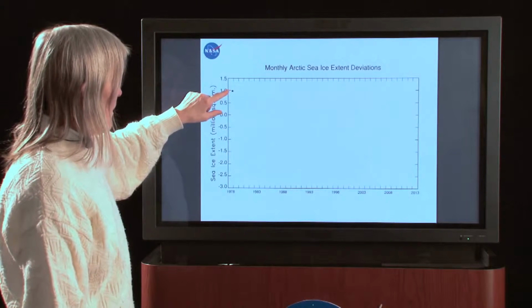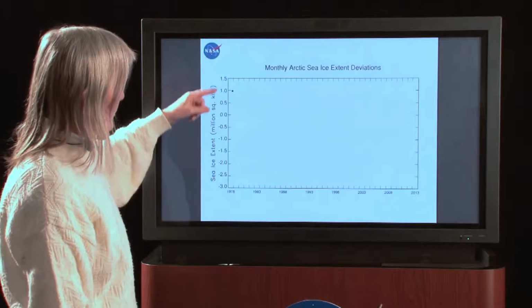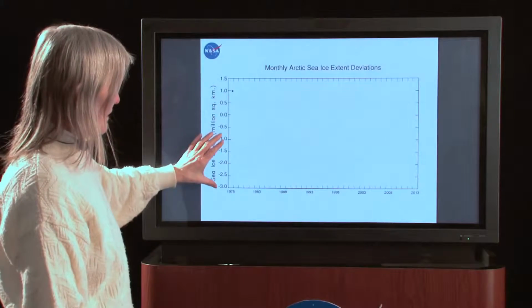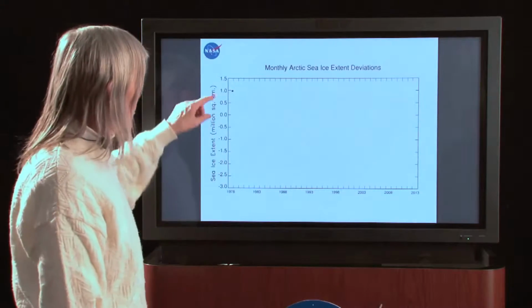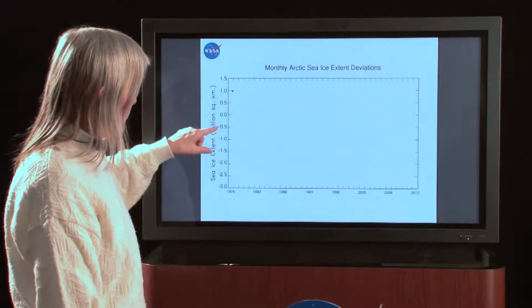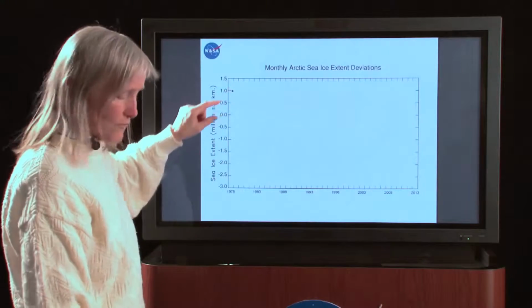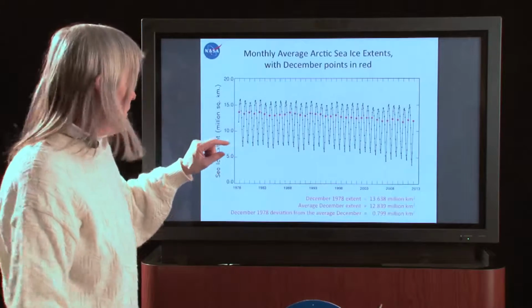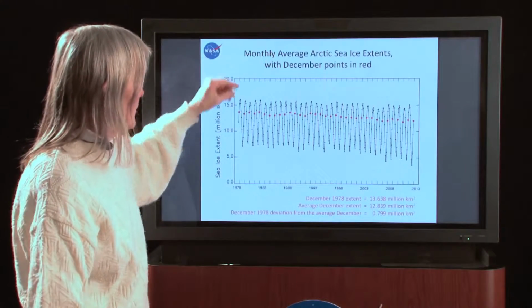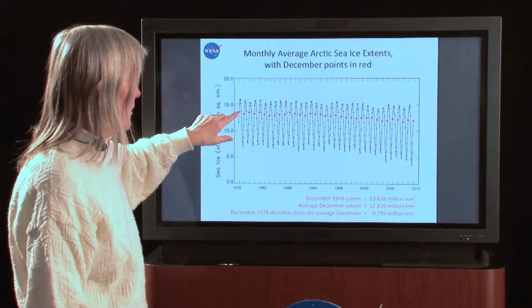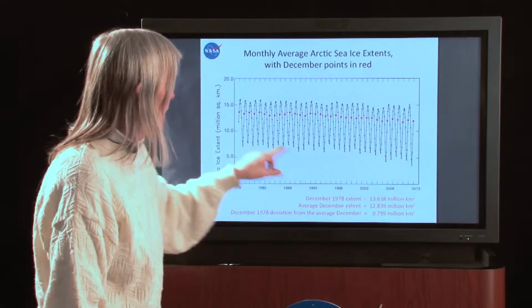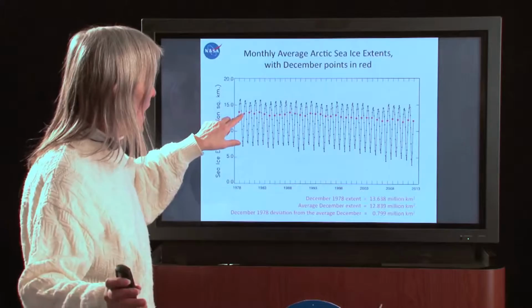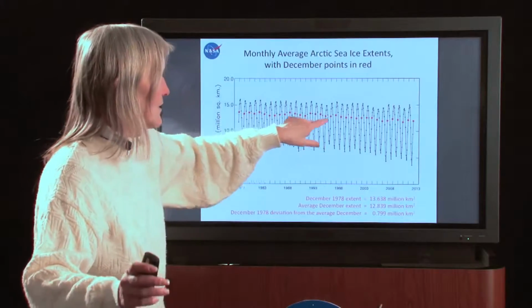So now we're going to plot things, some of which are going to be positive, some of them are going to be negative, because some will be above the average and some below. So we've got a scale now that includes negative numbers. So we plot our first point. We move on to the next data point, which is December of 1978. We take December of 1978, and now we compare that only with all the other Decembers.